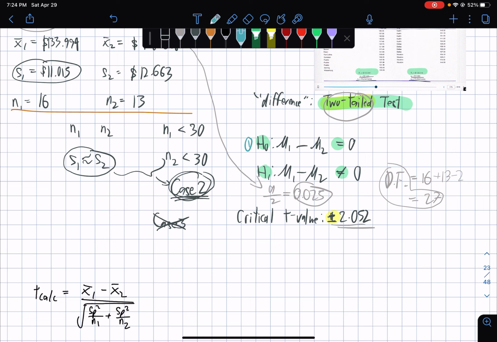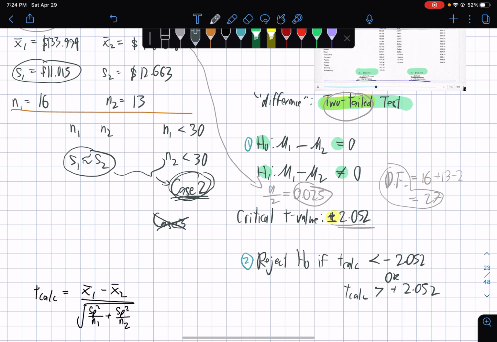So with that critical t-value, let's say step 2, reject H0 if, this is standard, you always write this. Reject H0 if t-calc is less than or equal to negative 2.052 or t-calc is greater than positive 2.052.